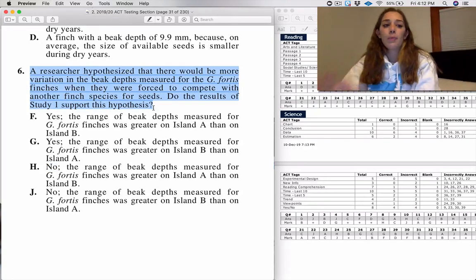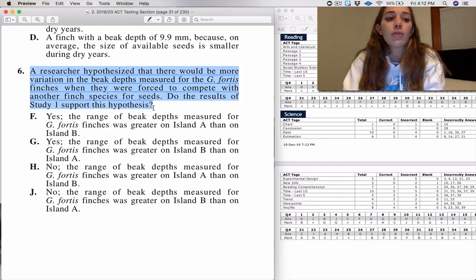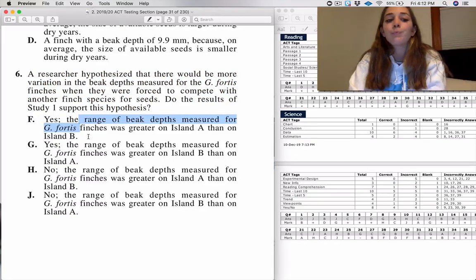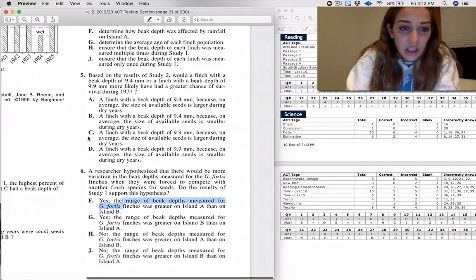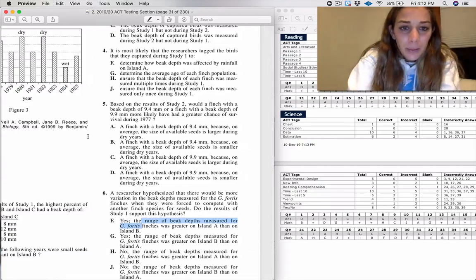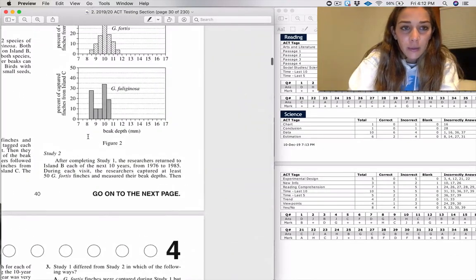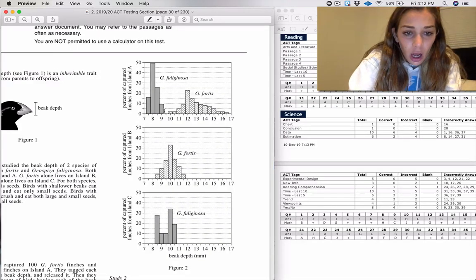So the first step to doing a yes-no question is I don't even read the question. The question is confusing, it's not directed, it doesn't tell me where to look. What do I do? I read the explanations. So is it true that the range of the beak depth was greater on island A, or was it greater on island B? So I look at the range of the beak depth. Where do I see beak depths?